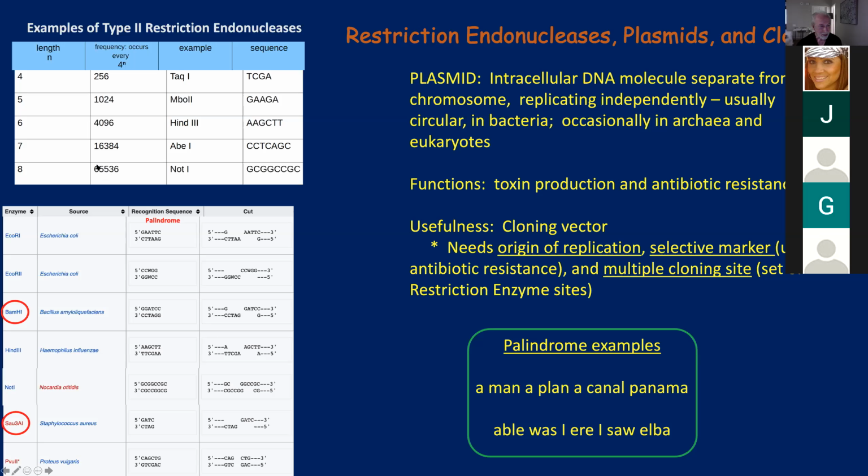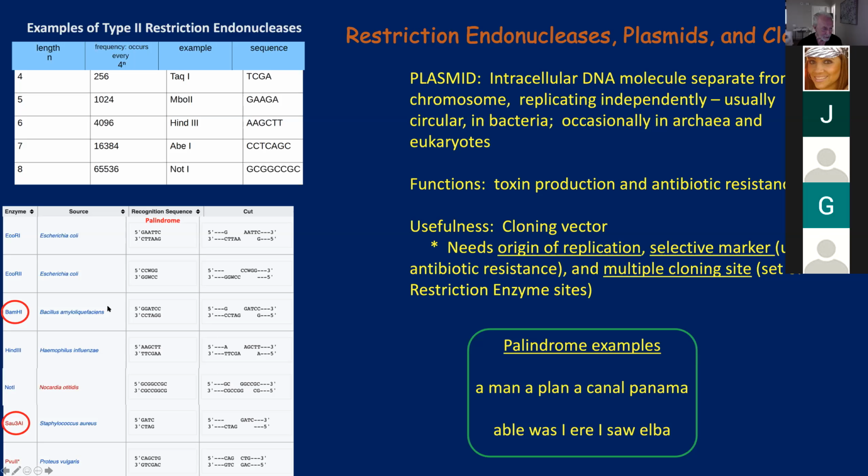So if an enzyme cuts at a site with 8, it cuts much less frequently. For example, NotI has an 8 base pair restriction site, and people who want to make libraries of very large fragments of DNA will almost always digest the genomic DNA with NotI.